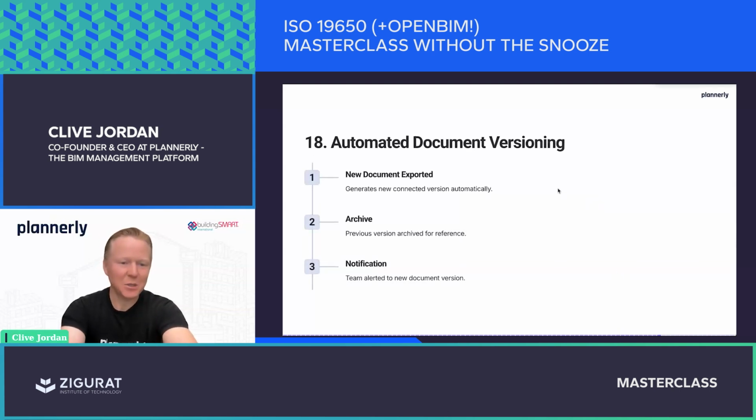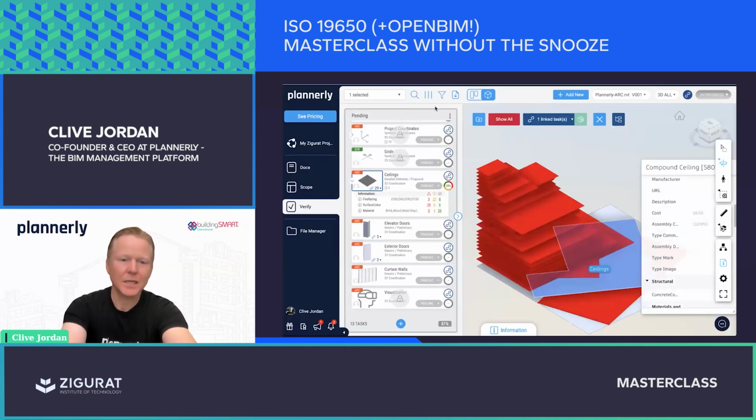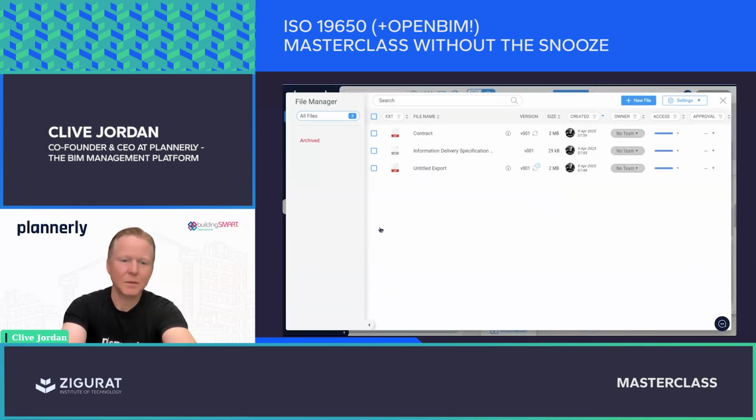Everything that's imported into your workflow should automate rather than cause a burden. So when we're talking about versioning and file naming, these are two things that are automated inside of the file manager here. We can see all of the versions. If I was to create a new version for this, it would automate that new version.